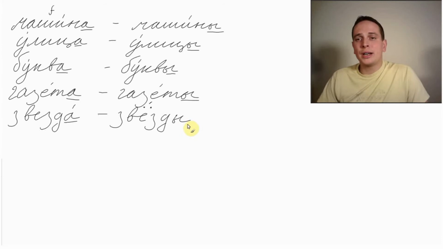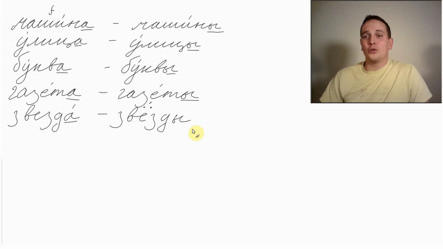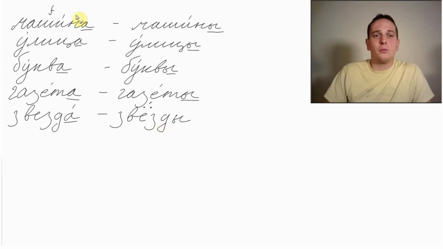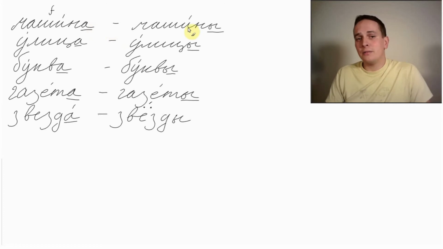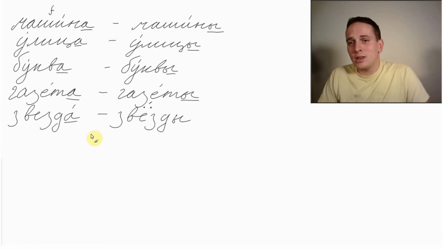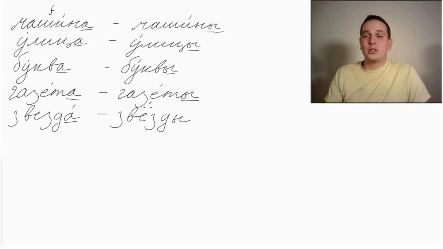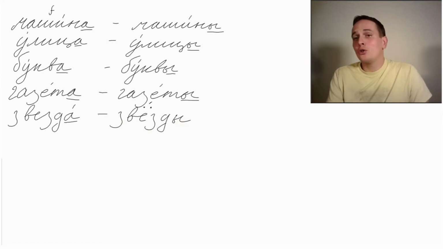It is difficult to know and memorize where the emphasis is falling and that ye should change to yo. If you forget or you don't know this, don't worry about this. Just follow the general pattern, replace a with y, and if you say звезды to a Russian, first they will understand it, and hopefully he or she will correct you.